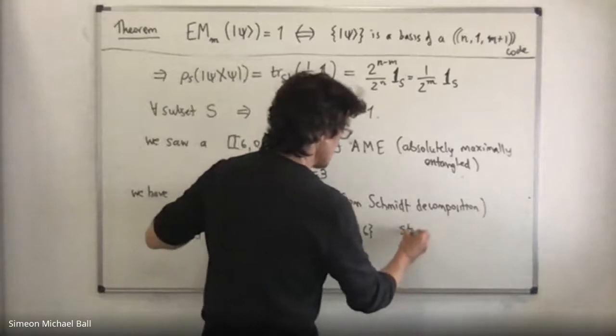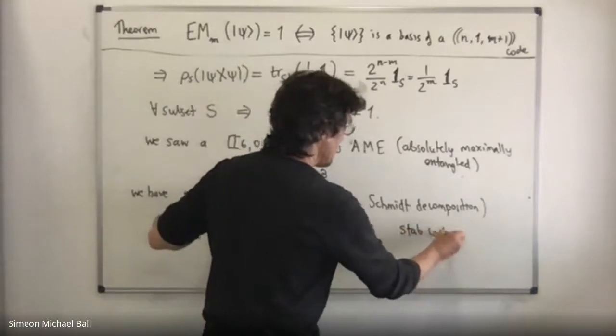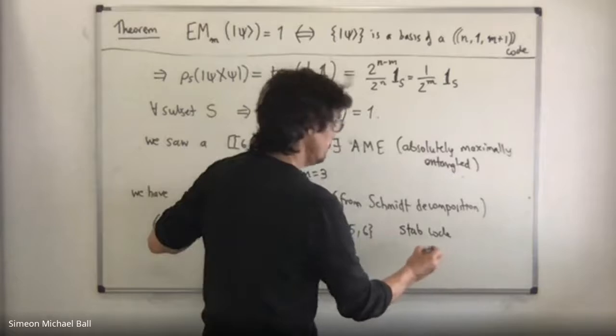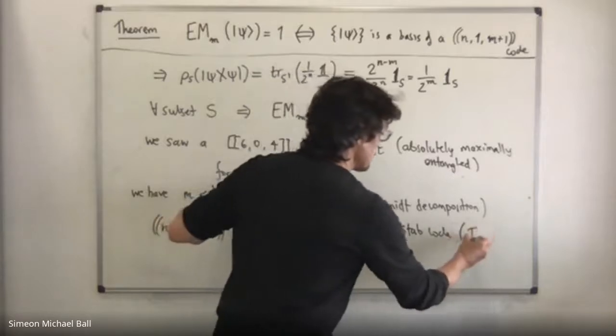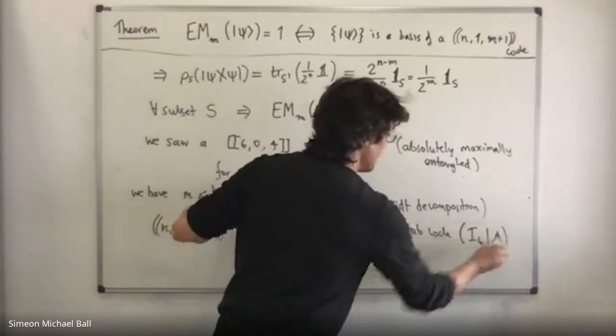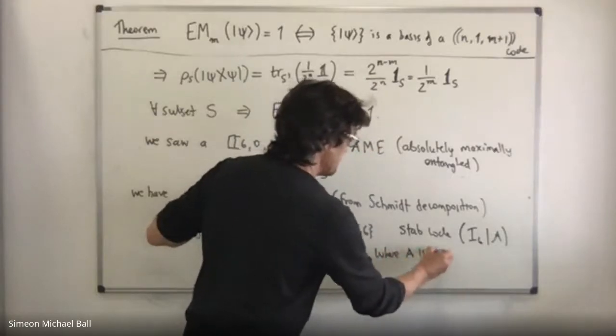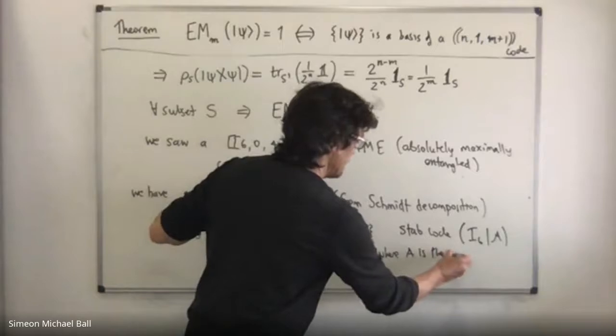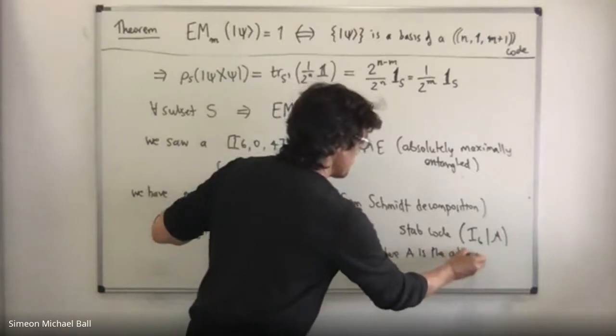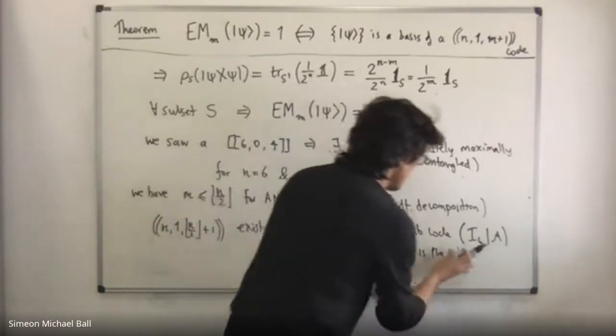So there's a stabilizer code coming from a matrix I plus A, where A is the adjacency matrix. Sorry, the incidence matrix.